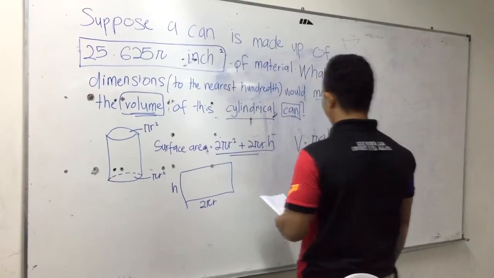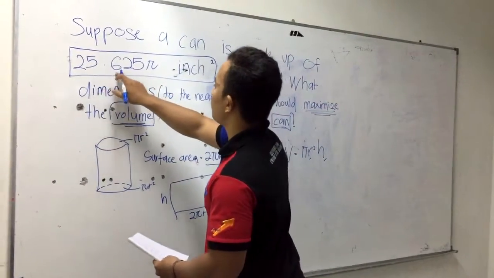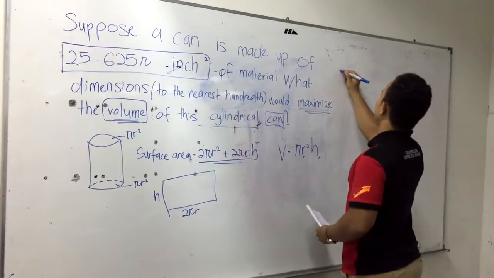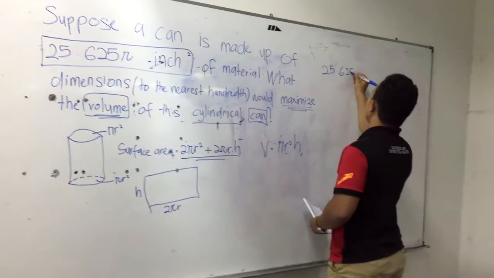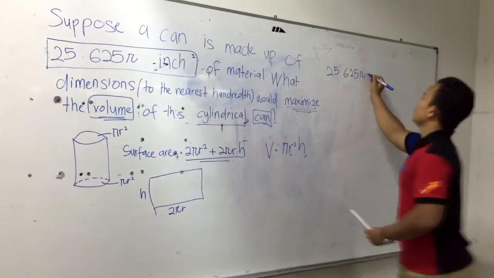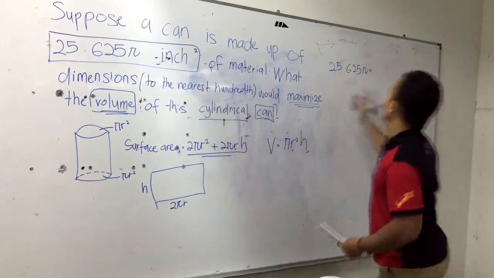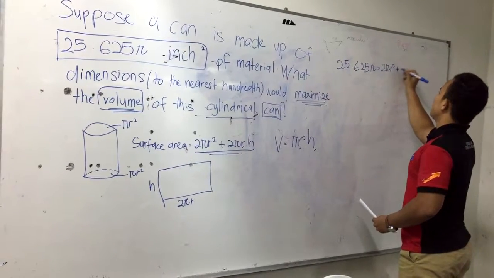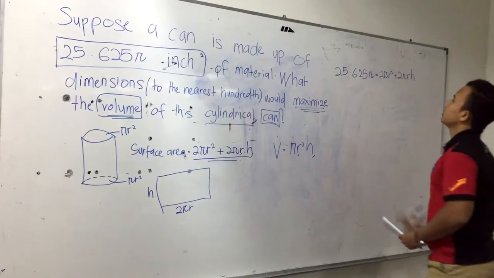Okay, so the surface area that is given is 25.625 pi. So 25.625 pi equals 2 pi r squared plus 2 pi r h.